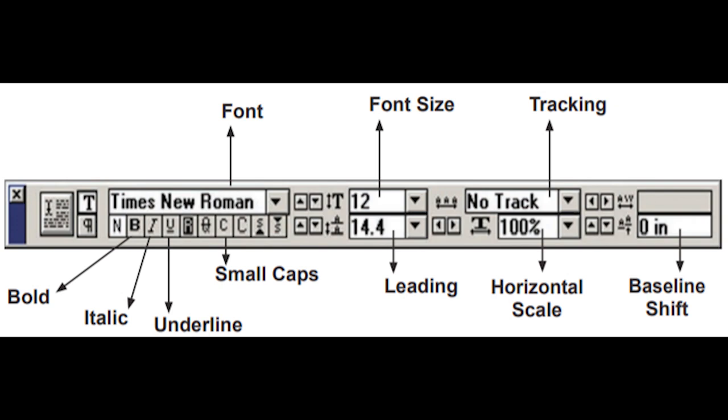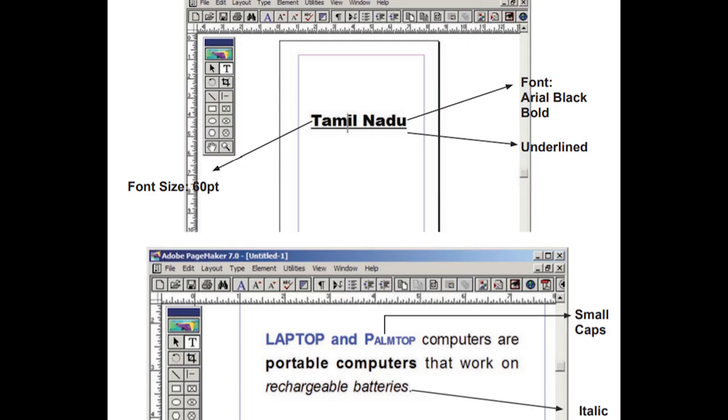And then here we can see a text called Tamil Nadu. Here the size of the font is 60 points and the font style is Arial Black and it is underlined. Okay, and we can format a single word also. See, if you look here, laptop and palmtop are displayed in blue color and the other things are in black color, right?